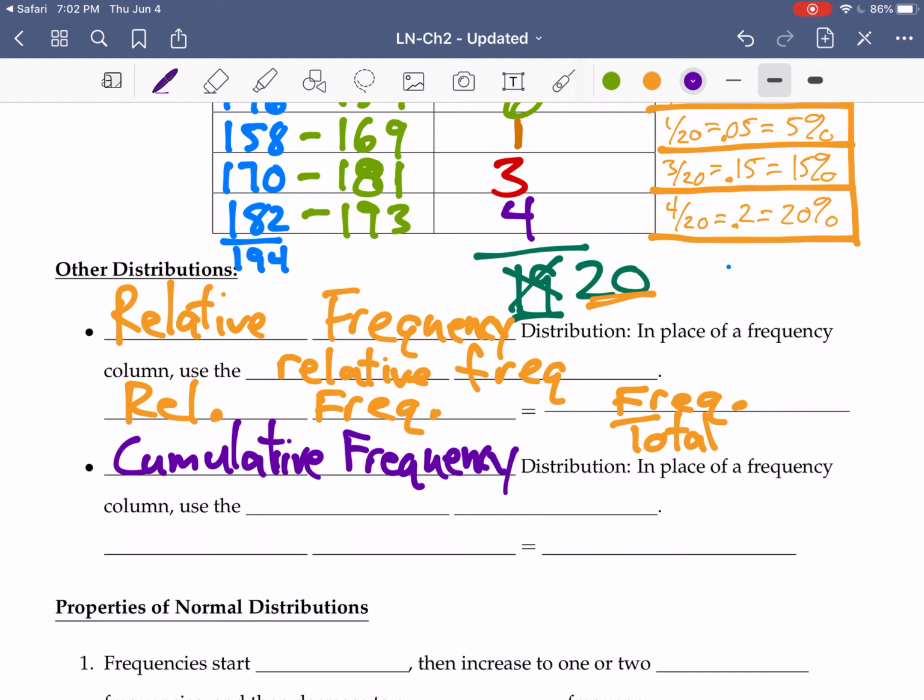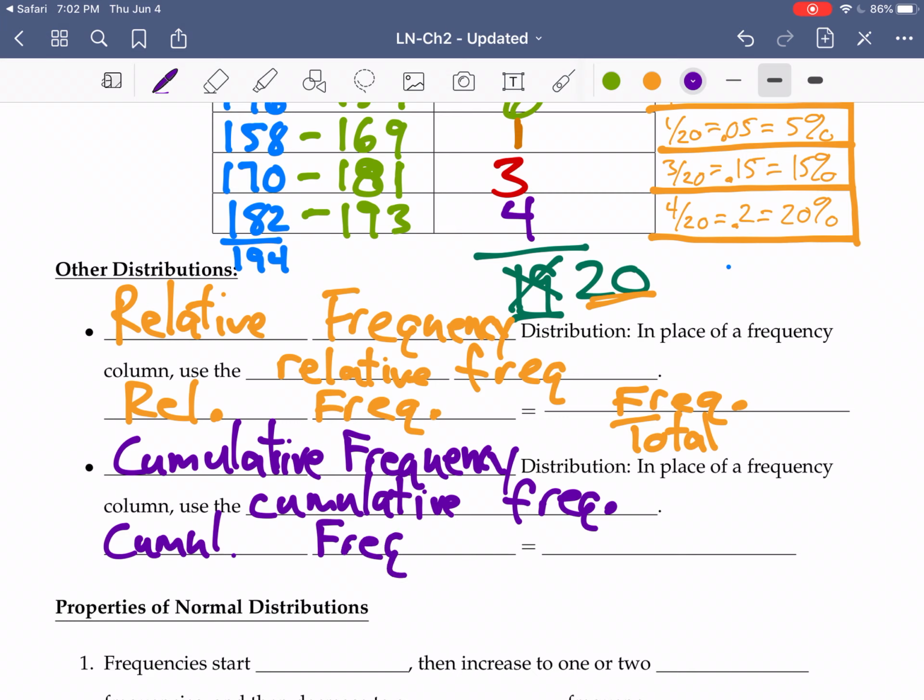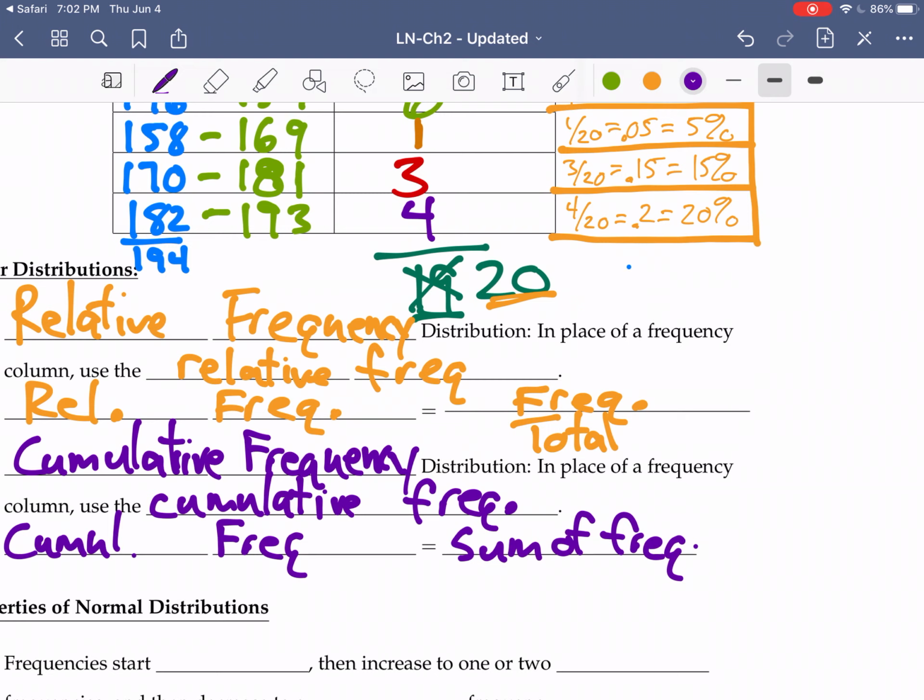So here we use the cumulative frequency. And that cumulative frequency is simply the sum of the frequencies up to the current class.